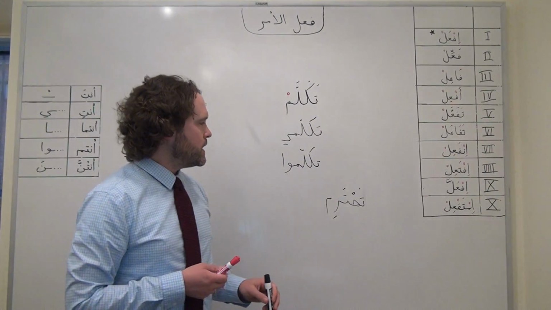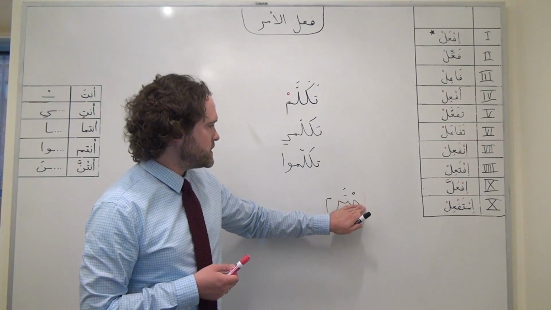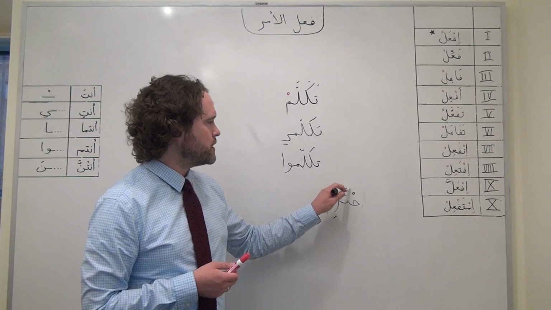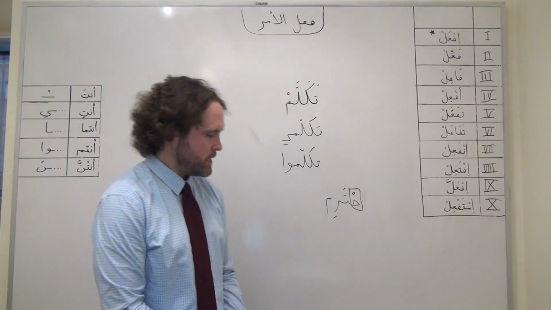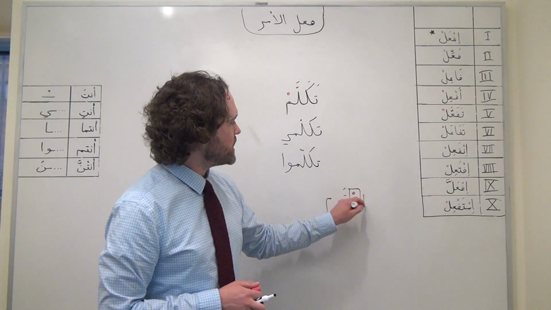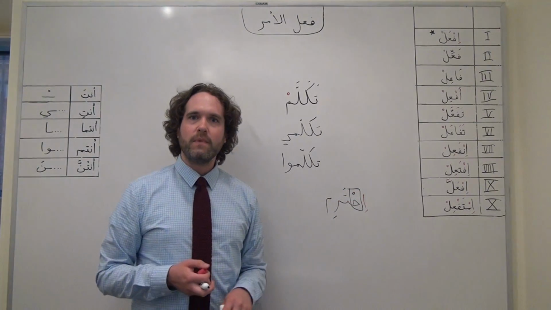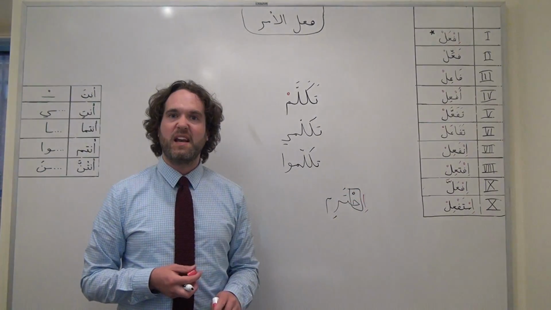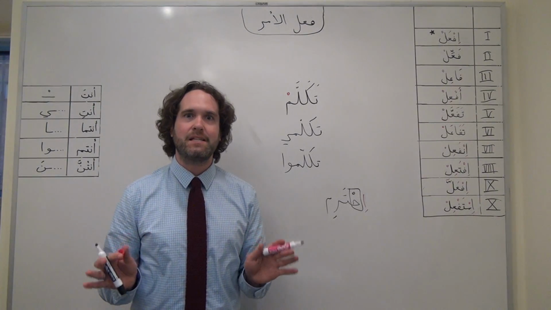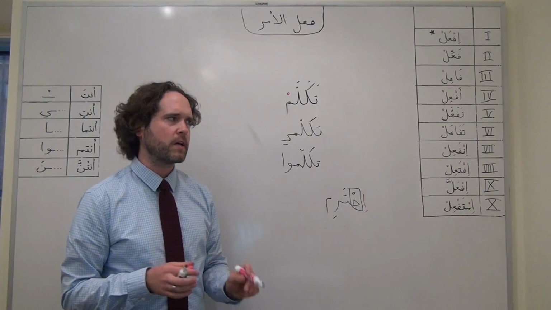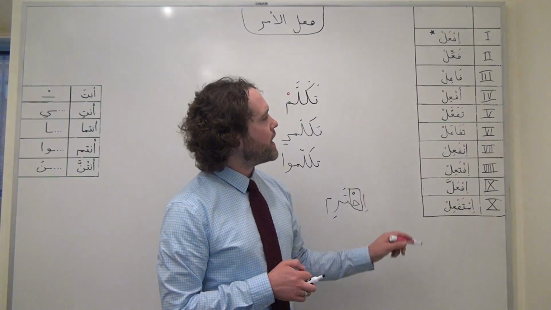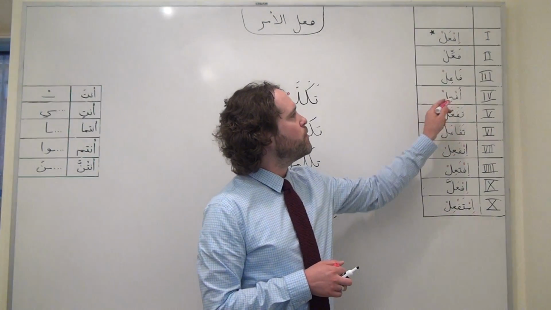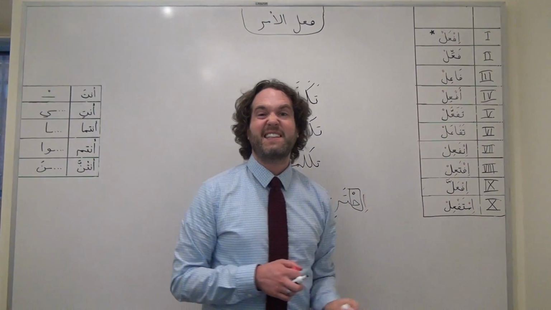Tahtarim. But then if I drop this ta, I'm left with a ha that has a sukoon on it, and that can't be done, not in formal Arabic. So the solution is to just add an alif with a kasra at the beginning, and that allows me to maintain consistency and conform to the rules of Arabic. Notice that these four forms, 7 through 10, have a kasra, and form 4 has a fatha instead.